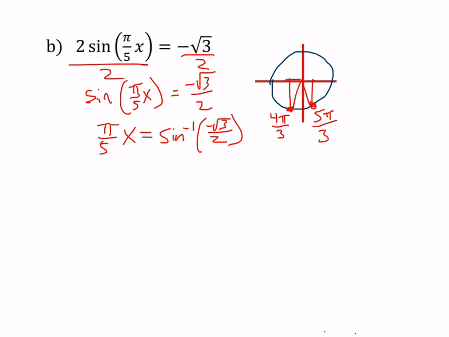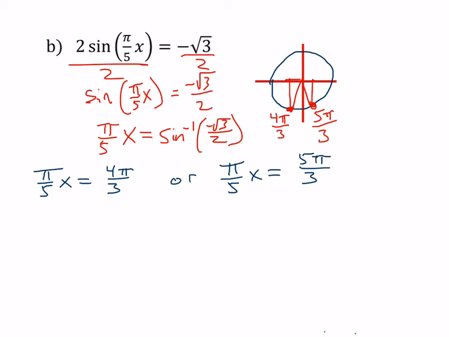So since there are 2 angles, we need to break this up into 2 equations. So we have pi over 5 x could be equal to 4 pi over 3, or pi over 5 x could be equal to 5 pi over 3. All right? Now we need to clean this up and finish it off. Let's do that by multiplying by the reciprocal.